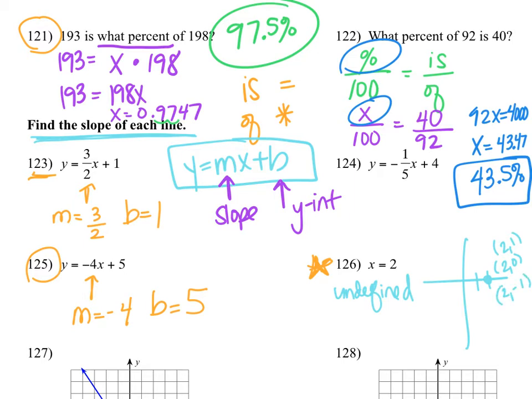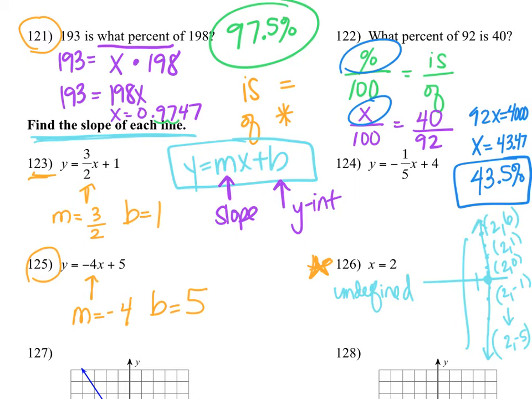If I went even more down, I can have 2, -5. And if I went more up, I'd have 2, 6 or something. So all of these points form one straight line. It's not very straight, but you get the idea.